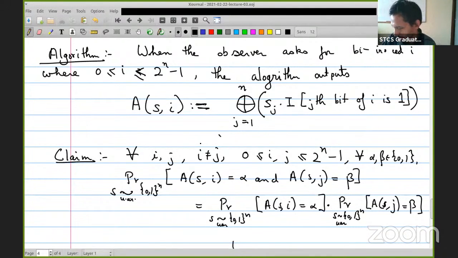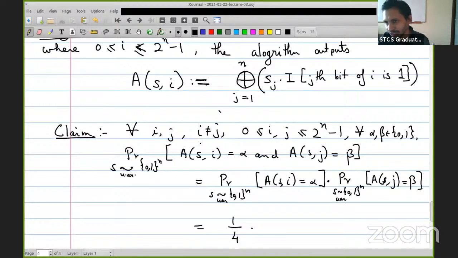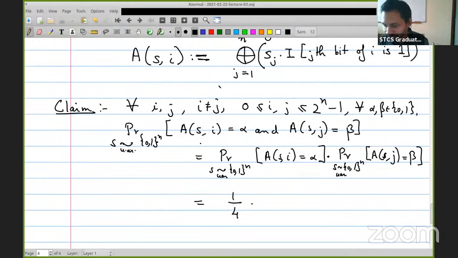But here, i and j must differ in the first n bits of their binary representation, and that by itself is sufficient. Actually, what we prove directly is that this number is equal to 1/4, and that would imply the middle equality also.